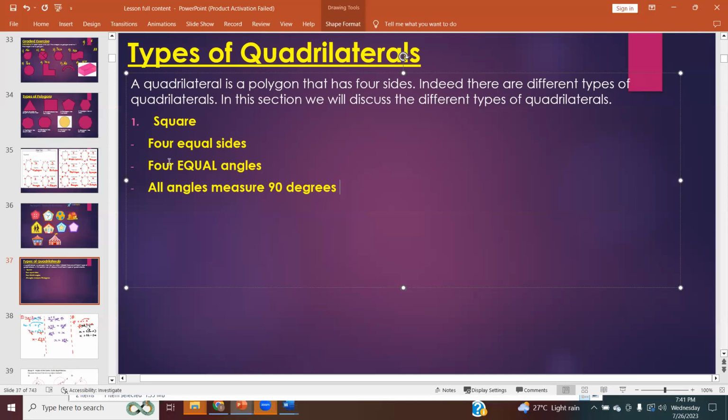What do we know about the opposite sides of a quadrilateral? Not the quadrilateral, the opposite sides of a square. So we know that the opposite sides of a square are parallel to each other.